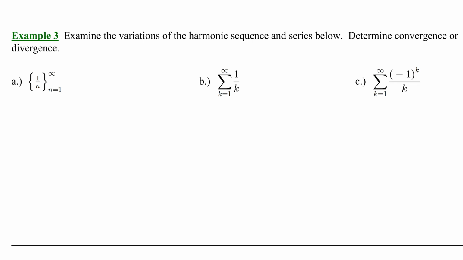Examine the variations of the harmonic sequence and series below. Determine convergence or divergence. So if you compare example A to example B here, example A is the harmonic sequence. Look at the notation. The notation indicates that we're dealing with a sequence, where example B is the harmonic series. So the way I determine convergence or divergence is very, very different.